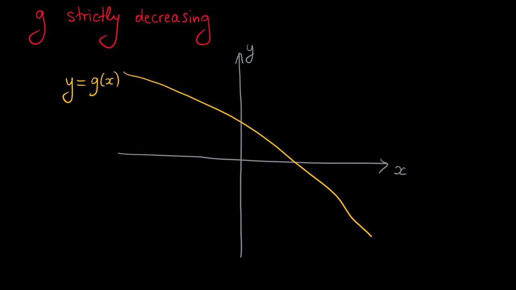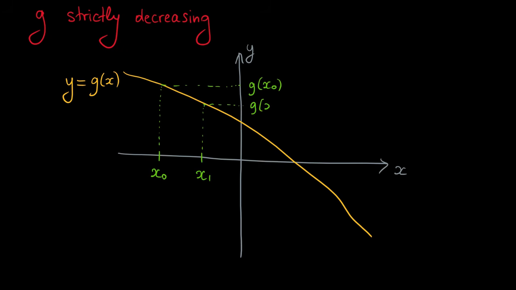Knowledge that our function g is strictly decreasing tells us that if we were to pick two values of x, no matter where we pick them in the domain of the function, let's say we picked x0 and x1 here, where we picked x0 to be strictly less than x1, when these values are plugged into our function it will map them to values that will reverse the original order.